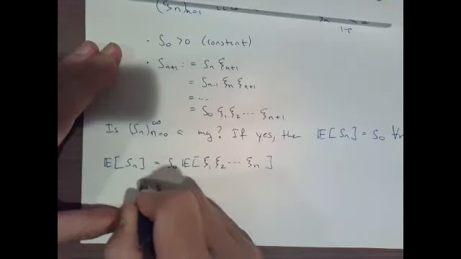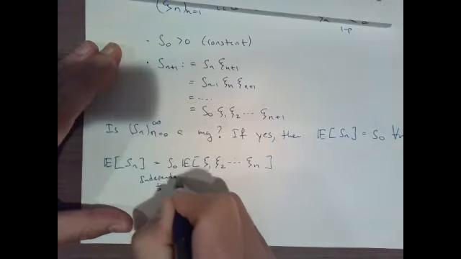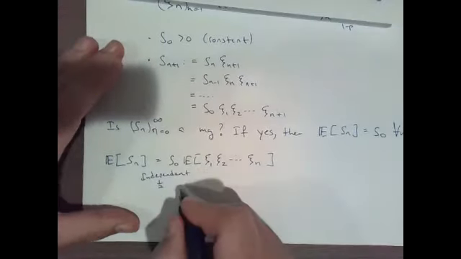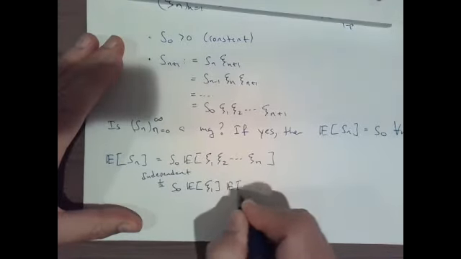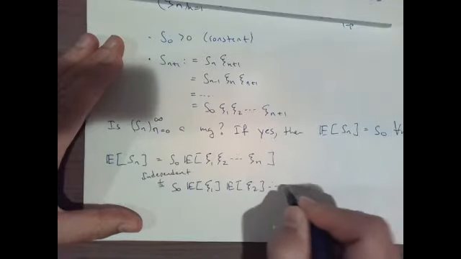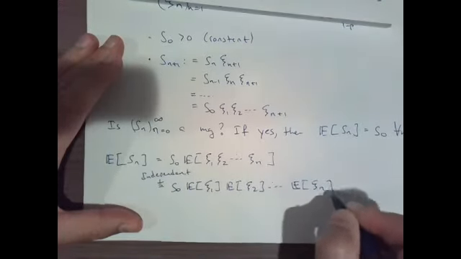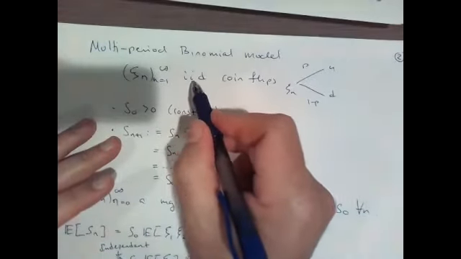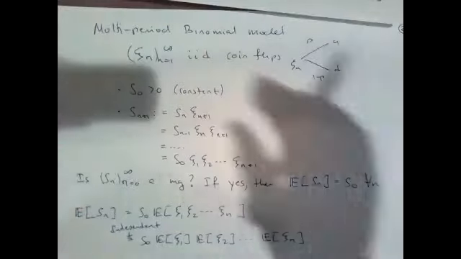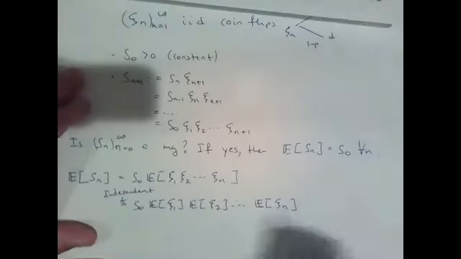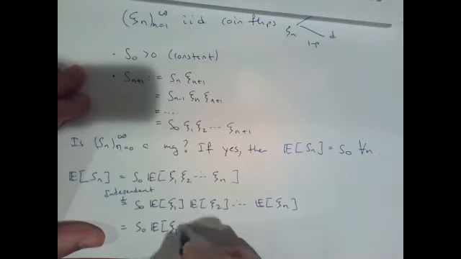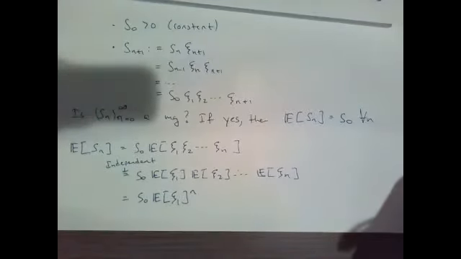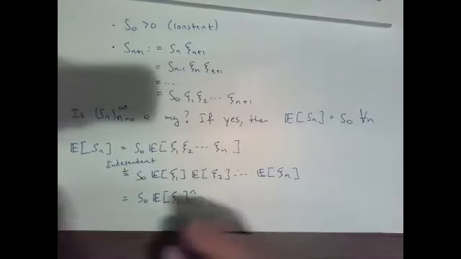So because of independence, we have S0, then the expectation of psi 1, the expectation of psi 2, times the expectation of psi n. But we also know they are IID, independent and identically distributed. So I know what this is. This is S0, and then you just take one of them to the power n, because they are identically distributed.